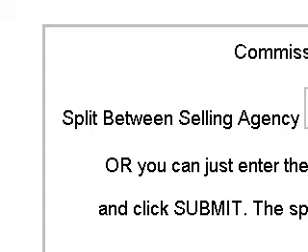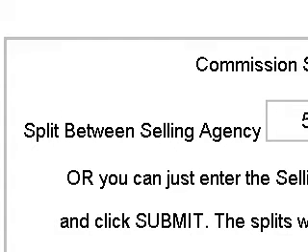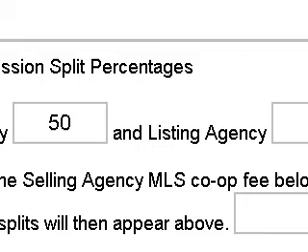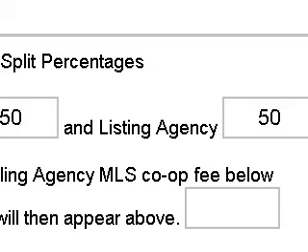Now, the first one is the split between the selling agency and the listing agency. When you pay a real estate commission to your agent, your listing agent, that listing agent is going to generally pay some of that to the buyer's agent, unless, of course, he finds the buyer and then he gets to keep it all for himself. Okay? Usually that could be a 50-50 split.